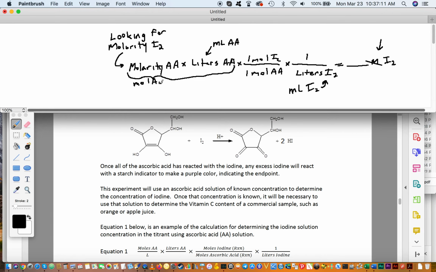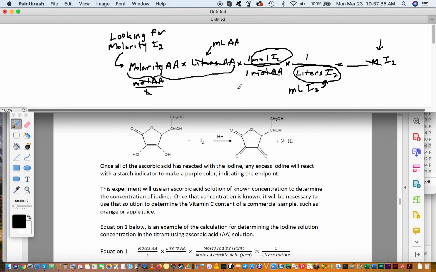That's how it's set up down here in the equation, and you can see how this will end up cancelling. So that cancels, and that cancels as well. And look what we end up with at the end. We end up with moles I2 over litres I2.